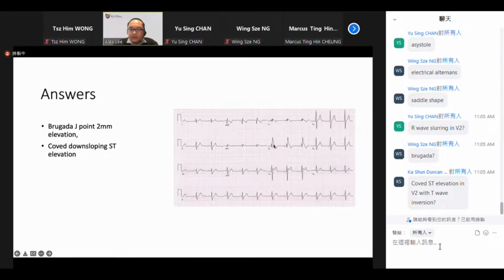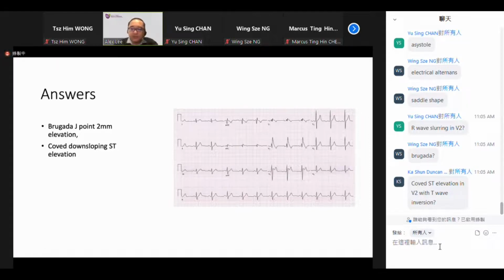So once you see a patient with a downsloping ST elevation, think about Brugada syndrome, especially in a patient with loss of consciousness. It's very different from ST elevation in the patient with STEMI, where you have a flattened or usually upsloping type of ST elevation.